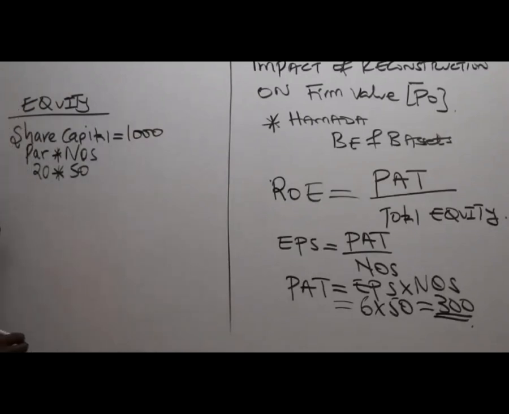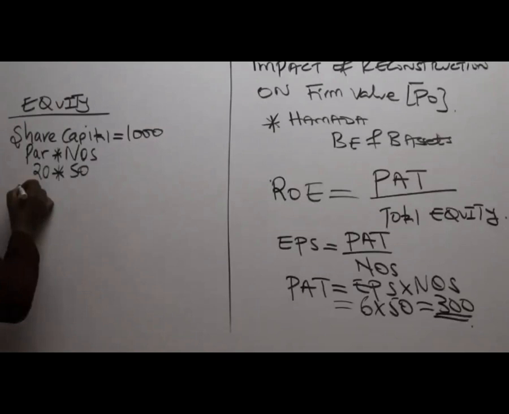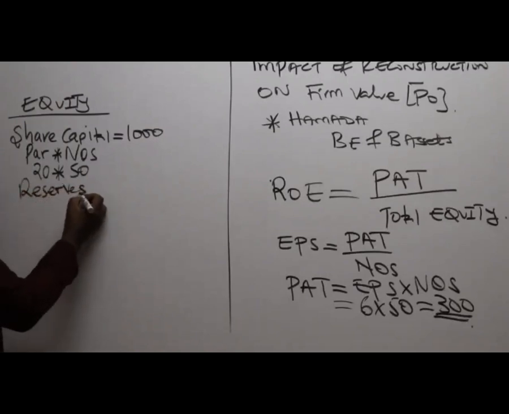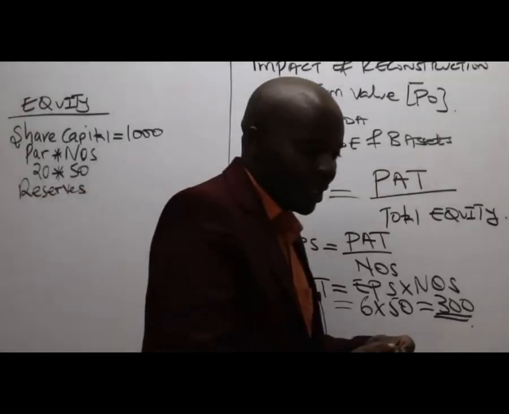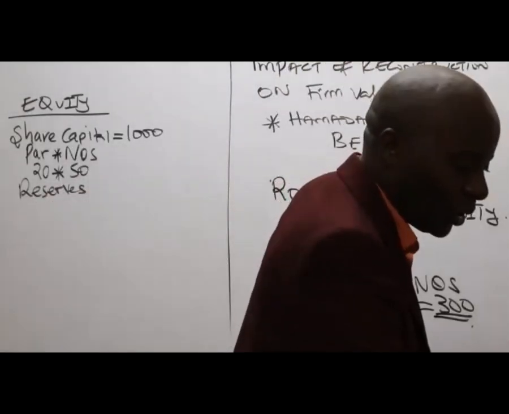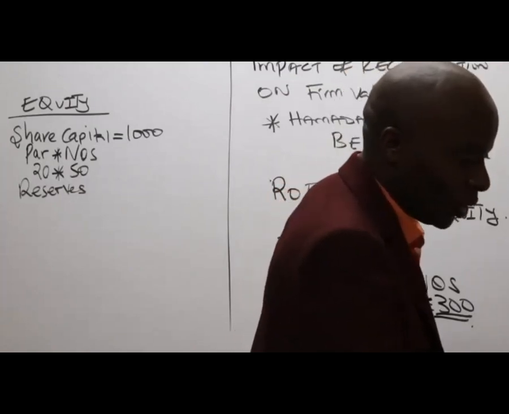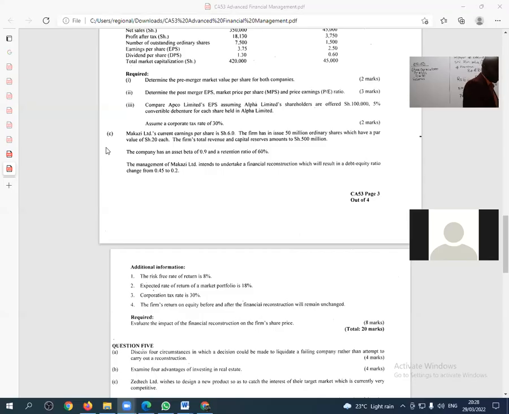Thank you very much. Remember, in the question they have given us equity reserves. Remember, the reserves belong to equity holders. They have told us that this company has reserves. If you look at this question, they are telling us the total revenue and the capital reserves amount to how much here, somebody?